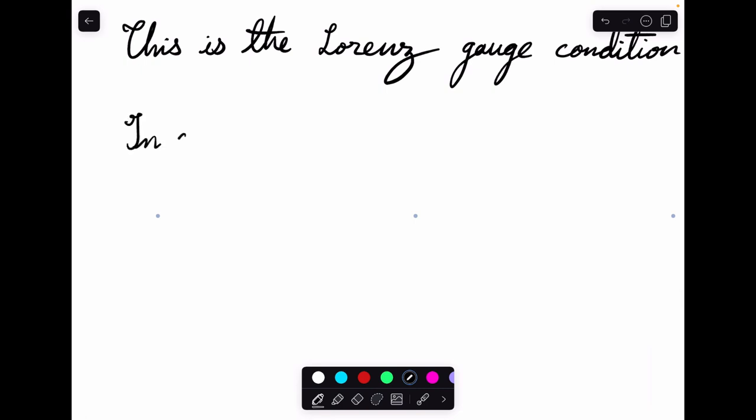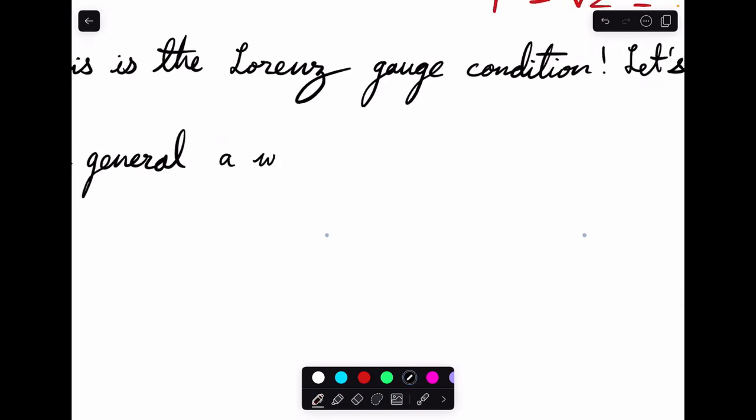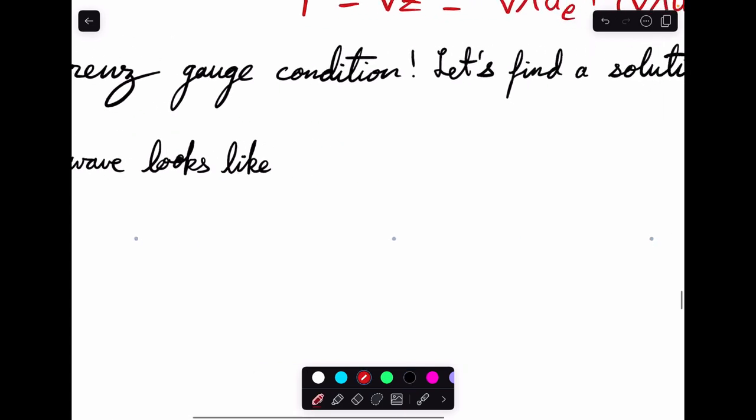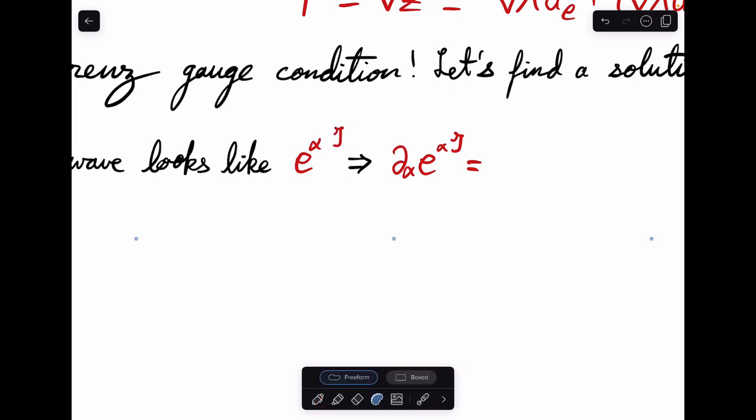So we can say in general, a wave looks like e to the alpha beta I, where alpha and beta are constants.